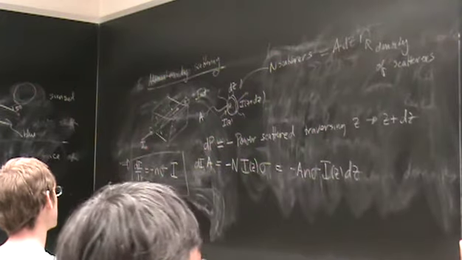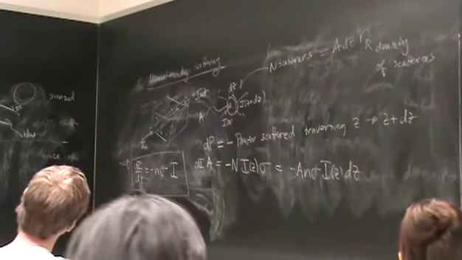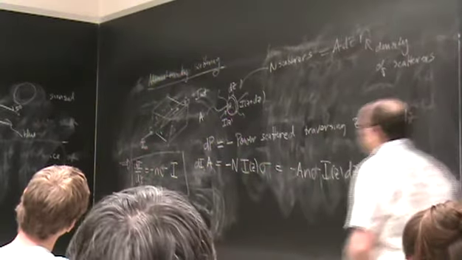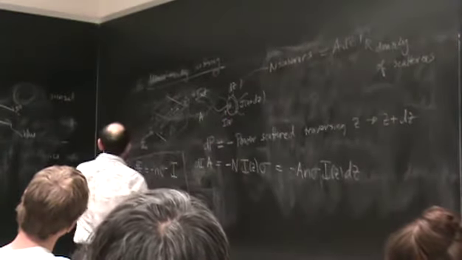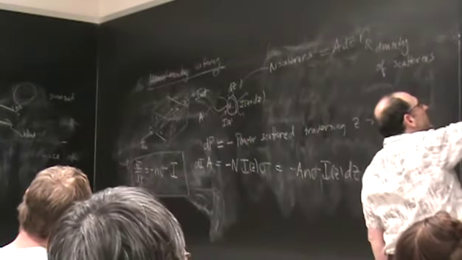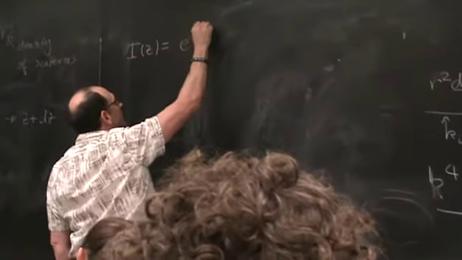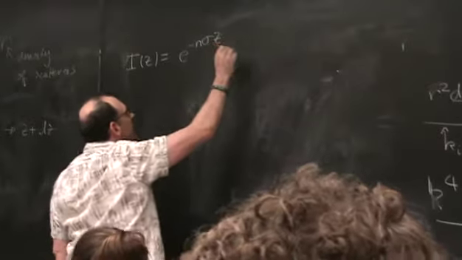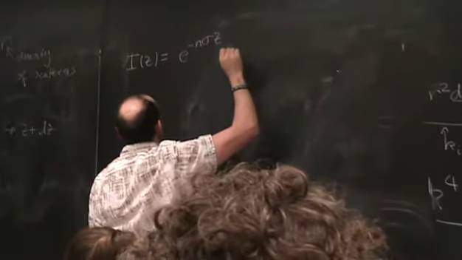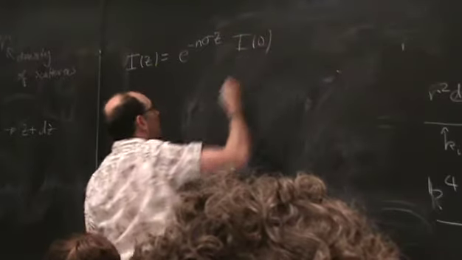All right. So Beer's law is pretty simple. It says that on the assumption of no multiple scattering, we get an exponential decay in the intensity due to scattering. It says that the intensity as a function of distance propagated is e to the minus n sigma z times the intensity at the input face.